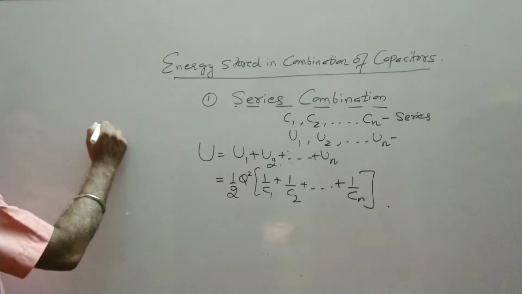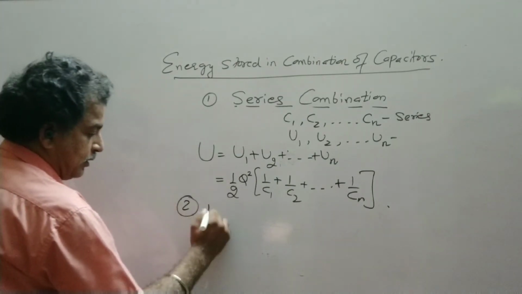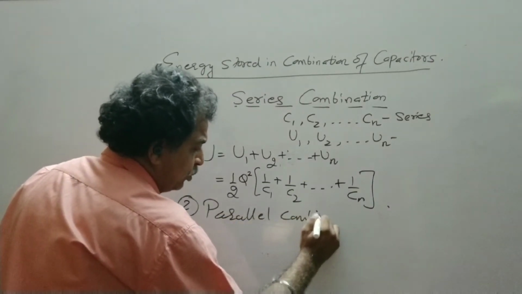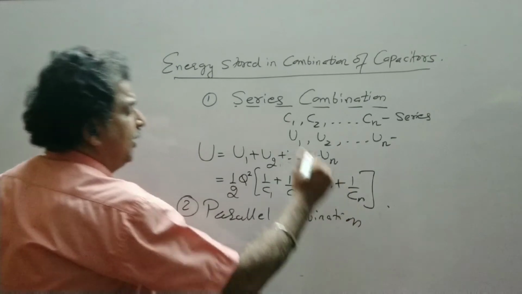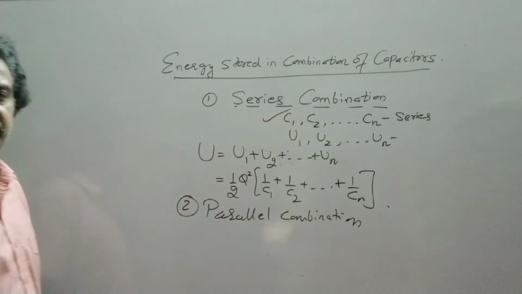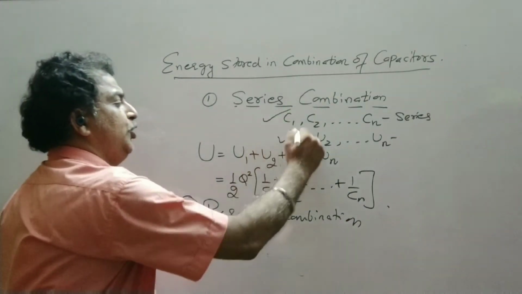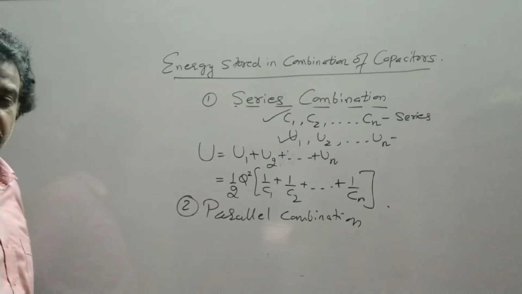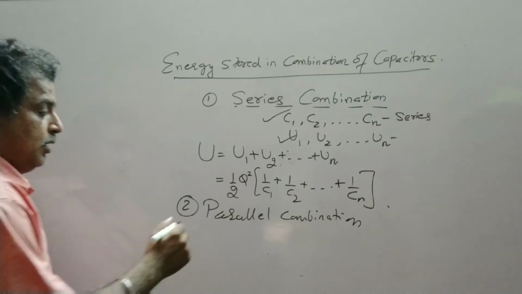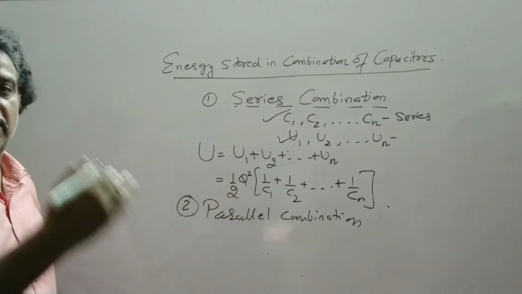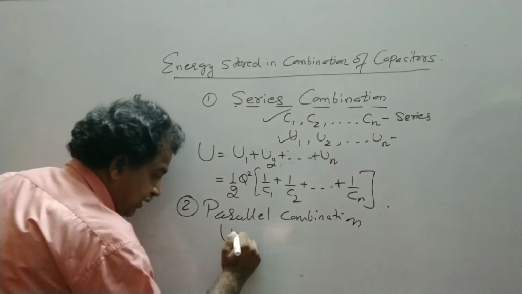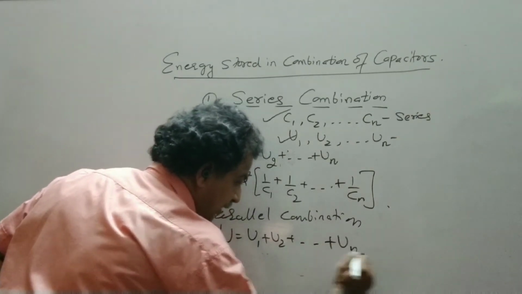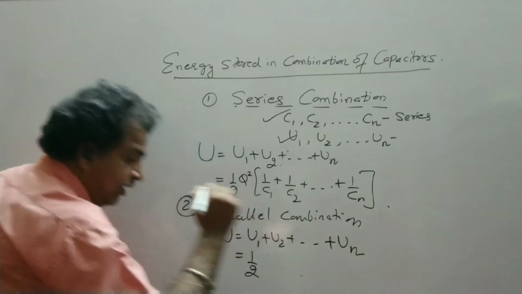Similarly, suppose we have a parallel combination. Again C1 to Cn are connected in parallel, and U1 and U2 are the respective energies stored. Now in parallel combination, the charge is different but the potential difference is the same. So I will write U is equal to U1 plus U2 plus ... plus Un, and now it becomes half CV squared.